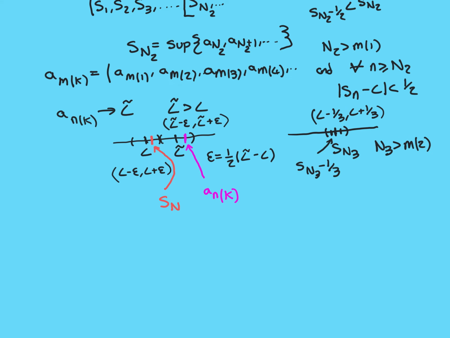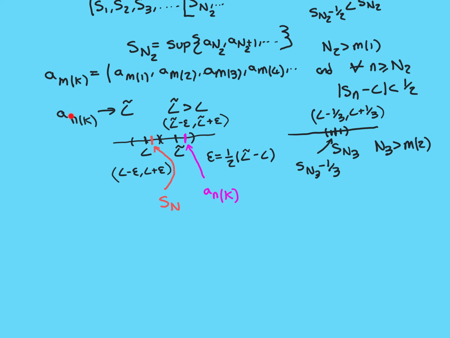I just need one of them. So I just need that I can find this one, S big N, that is inside that epsilon interval around L. And of course, I've drawn it above here on the picture because I know that these are a monotonically decreasing sequence coming down to the value L, so I know it's not going to be on that side.